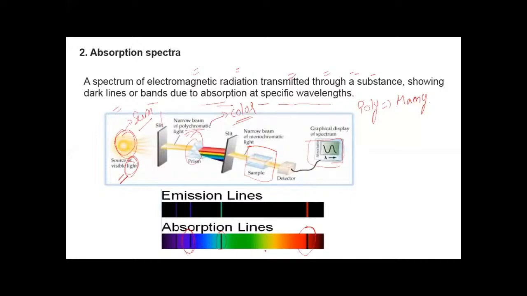By analyzing this dark band, we are able to understand what this sample contains. Because I already told you the spectrum of each element is specific. It is unique. Now we'll move forward. That is our understanding till now.